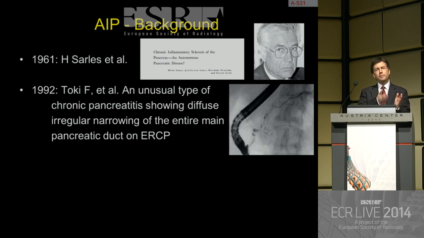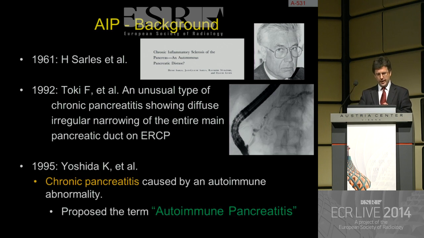From there, papers started being published more and more and more. And this paper back in 1995 by Yoshida basically termed autoimmune pancreatitis as a term for chronic pancreatitis caused by an underlying but unknown autoimmune abnormality.